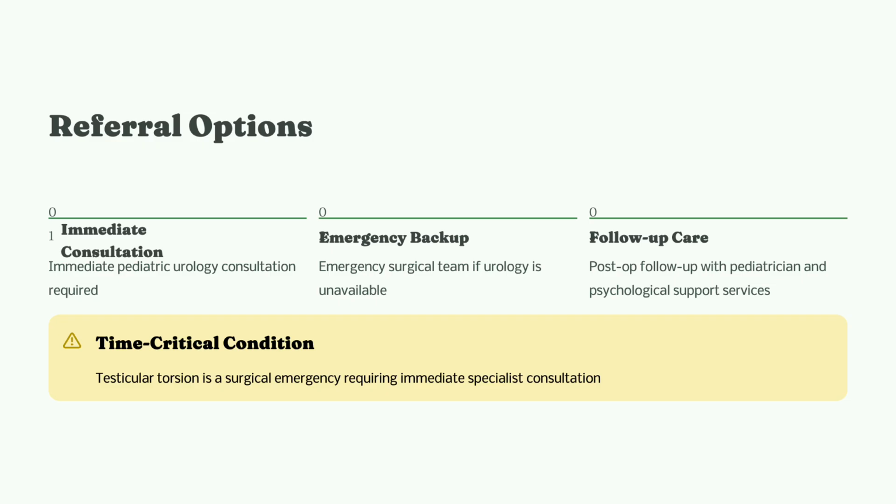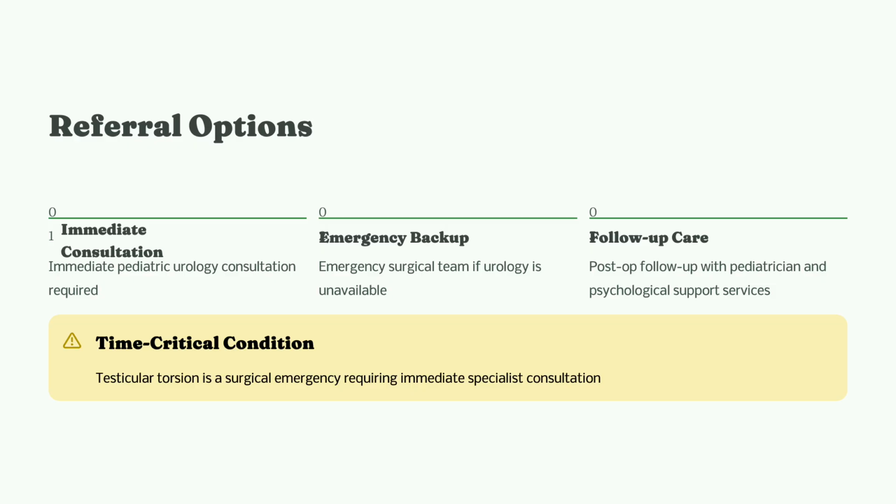Some referral options would include immediate pediatric urology consultation. But of course, if they come into our office, we would send them to the emergency department to get urgent care, the emergency care that is warranted for testicular torsion.